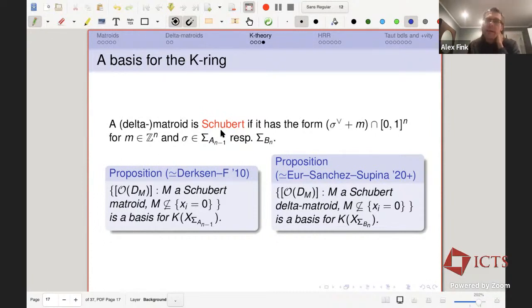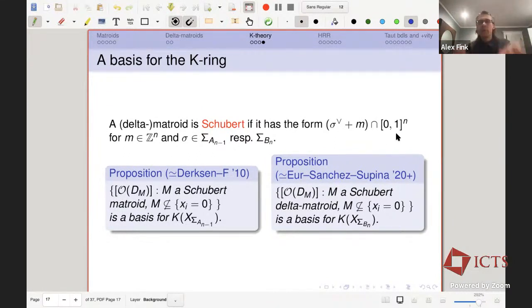The definition I've written down is the geometric one. You take a cone in your fan, you take its dual, translate it, and intersect that with the cube. That achieves the same thing. And so this gives you a nice combinatorially tractable basis as a group for these K-rings.